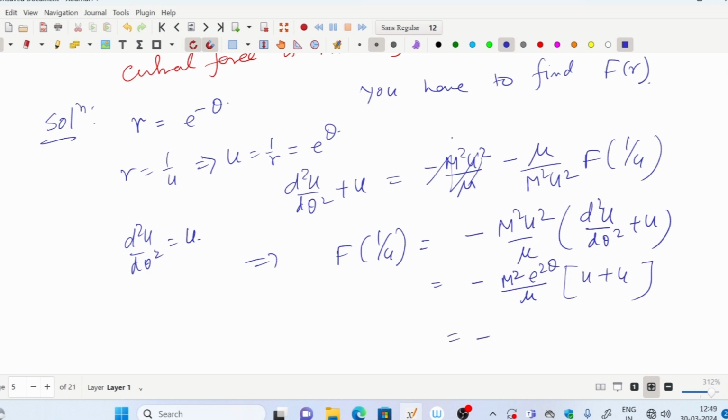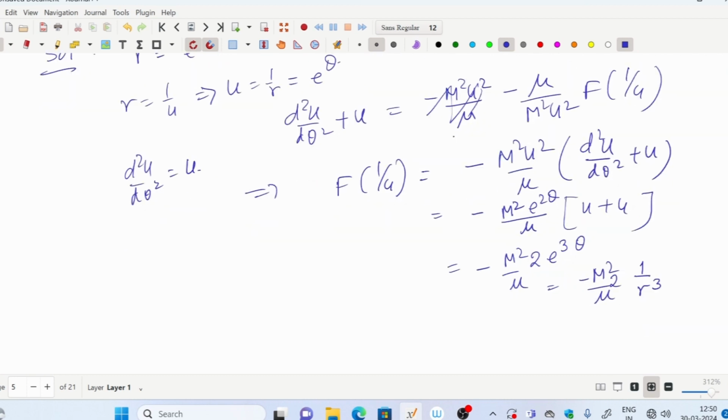So minus m square by mu, u is e to the power theta, so it will be 2 e to the power 3 theta. So that means minus 2 m square by mu times 1 over r to the power 3. Okay. So this proves that f of r is proportional to 1 over r cube.